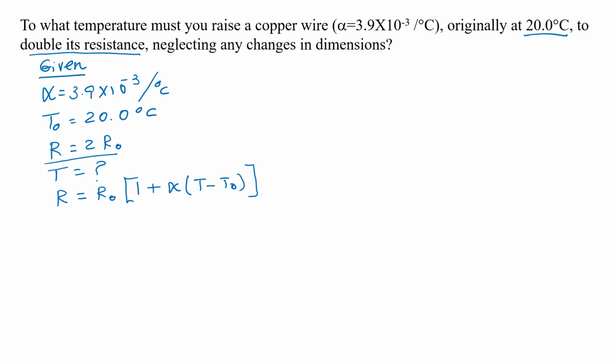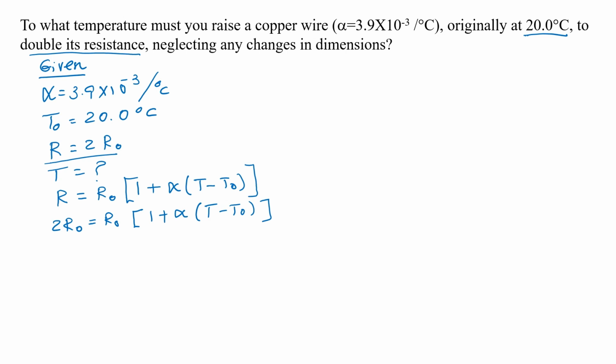So now we can substitute R by 2R0, because it says to double it. That's equal to R0 into 1 plus alpha into T minus T0.